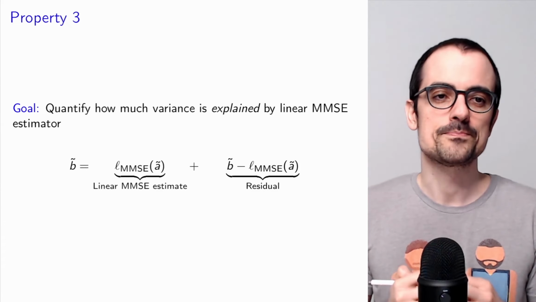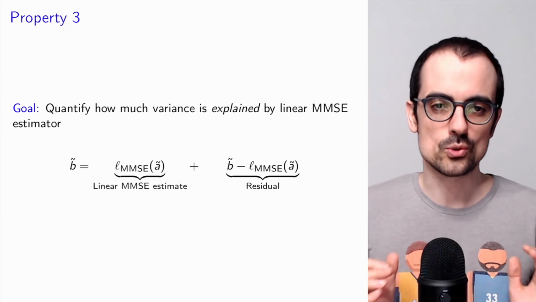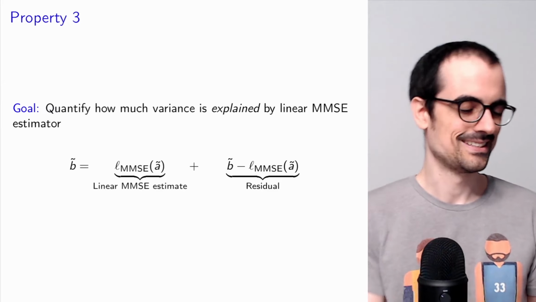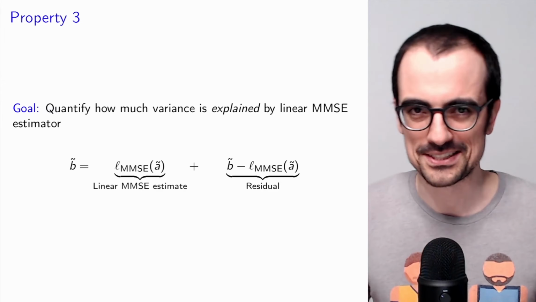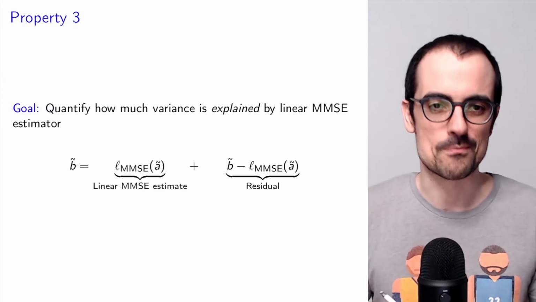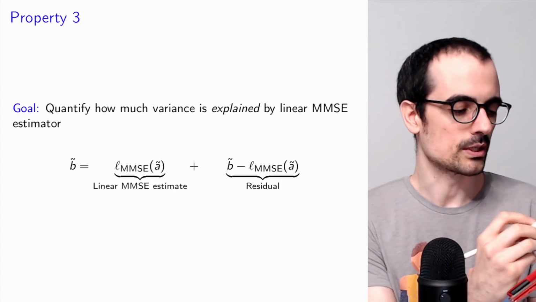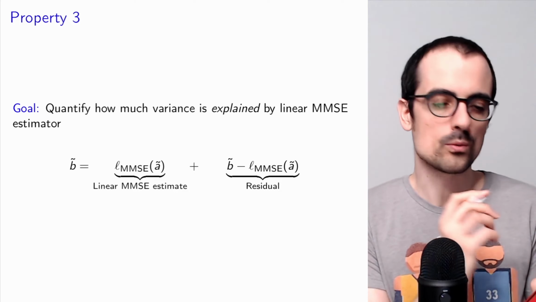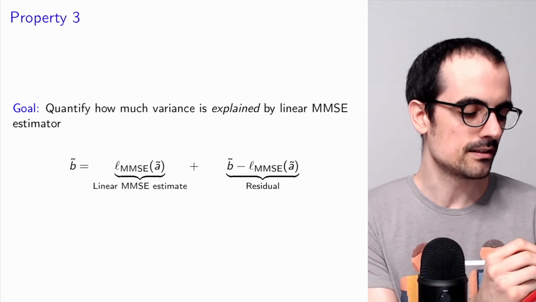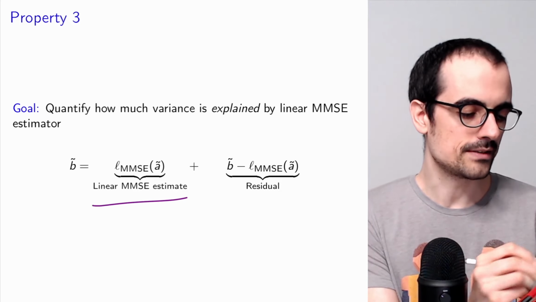But before that, I was getting ahead of myself and starting to talk about the next slide, but I think it's good to take a moment here to explain this. So when we approximate B using the linear estimate, we also have this residual.